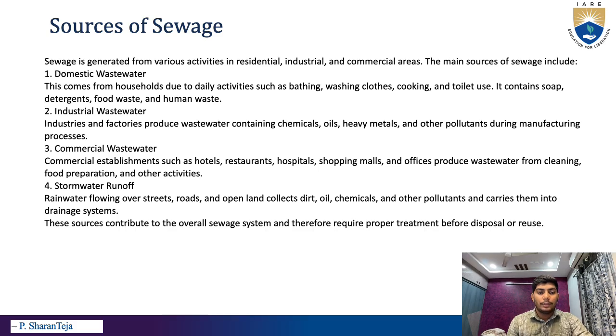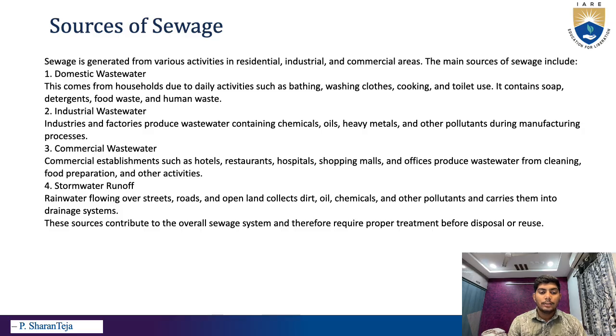Next one, sources of sewage. Sewage comes from different sources. Let us see. First, domestic wastewater from homes, bathrooms, kitchens, and toilets. Second one, industrial wastewater. Factories produce wastewater with chemicals, oils, and heavy metals.